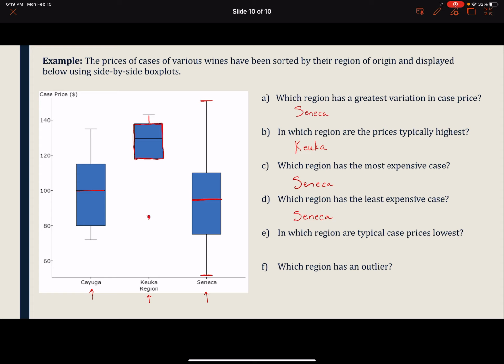So typically I'm going to say the Seneca region has the lowest prices. Again, even though they also have the highest price, because they have this greatest variation, they happen to also typically have the lowest prices. And then it says which region has an outlier, and that's this Cuca region.